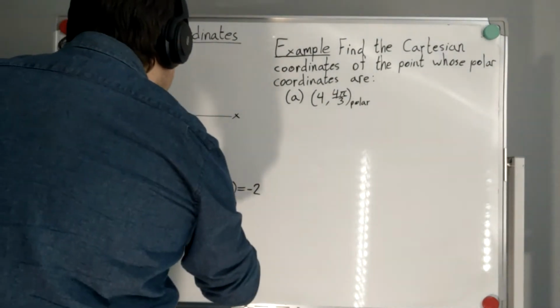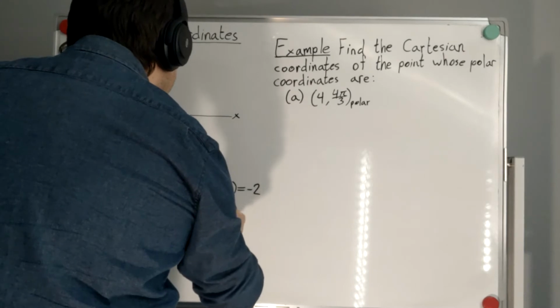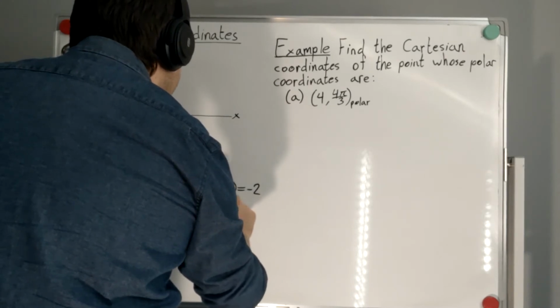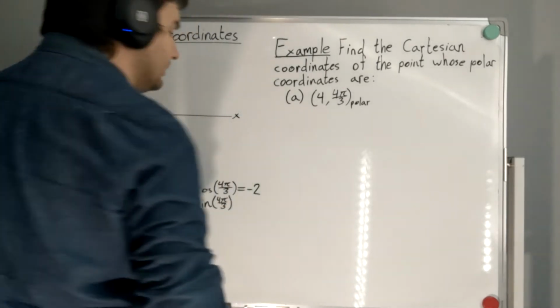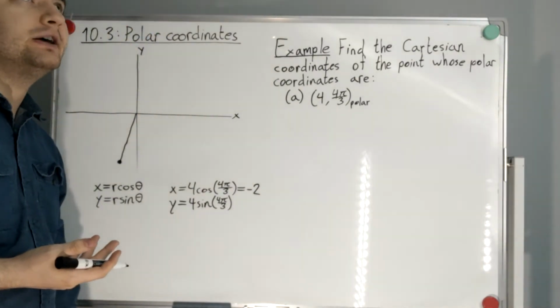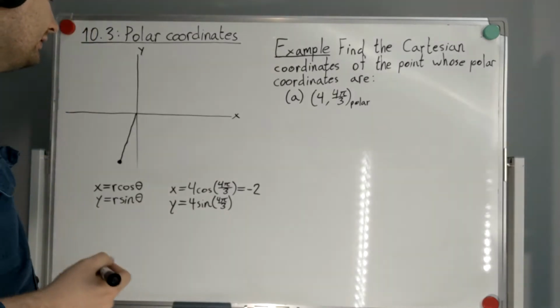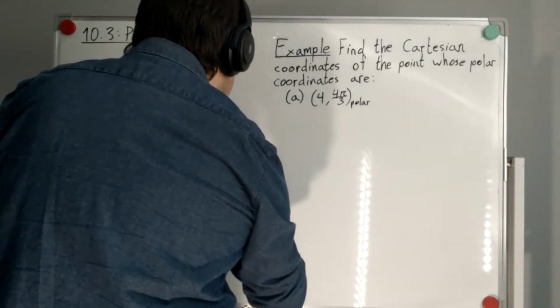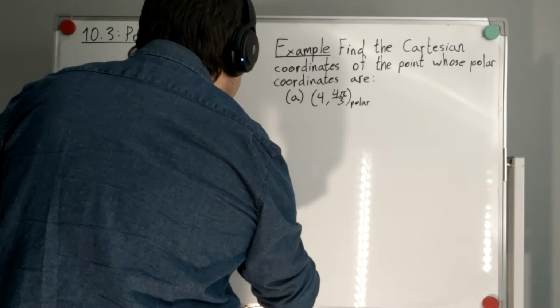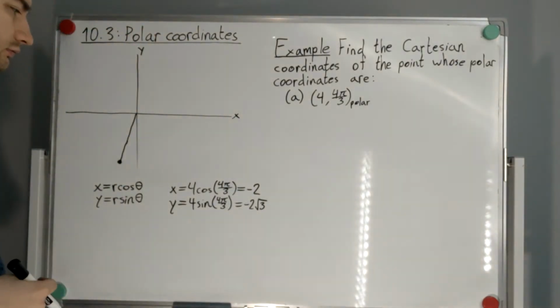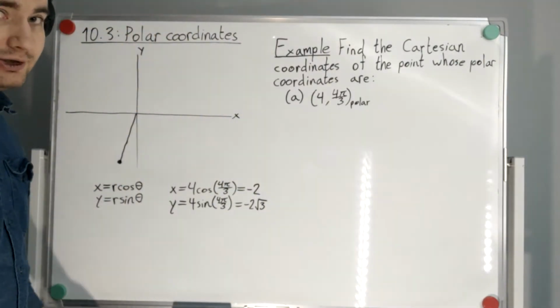And then y is going to be 4 times the sine of 4 pi over 3. The sine of 4 pi over 3 is negative √3 over 2. And so then this is going to be negative 2√3. Well, at least that matches up, right?